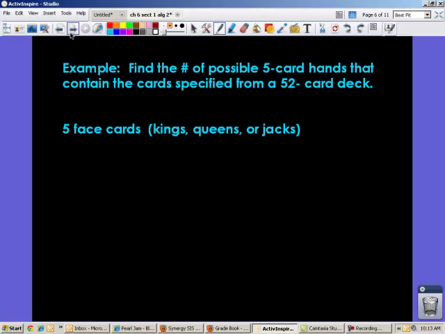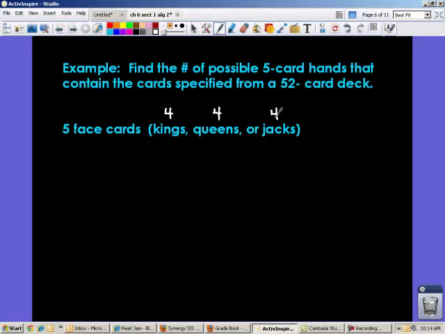How many total kings, queens, and jacks are there in a deck? Well, there's one per suit, so there's 4 suits. You have diamonds, clubs, spades, and hearts. So you would have 4 kings, 4 queens, and 4 jacks total.